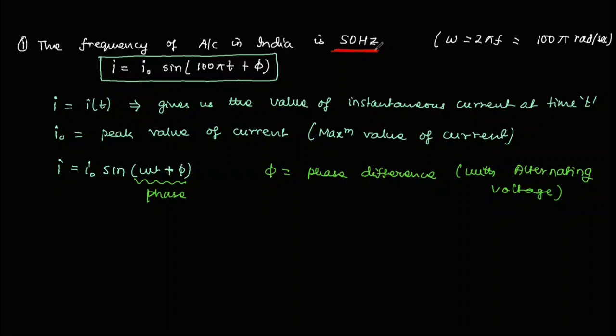The next thing that we are going to discuss is how we are going to represent current. So we are coming to this part where we are saying representation of current. What do I mean when I say representation of current? There are two representations which will be helpful for us to understand the complete working of AC circuits.